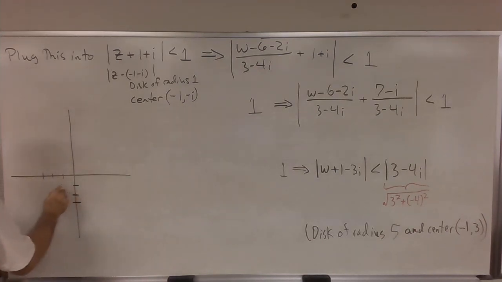Here's our disk of radius 1, center negative 1, negative 1.